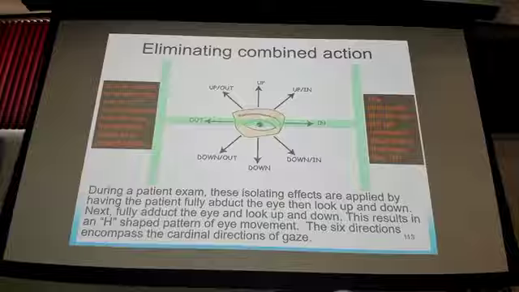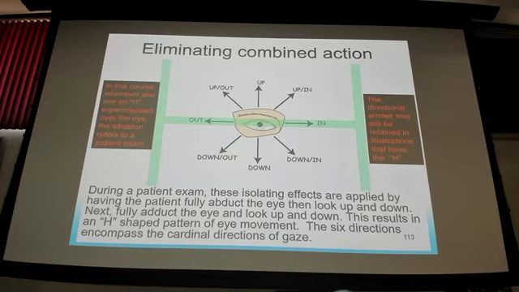If you look at the eye, I can put an H over it, and the H is the exam. If you didn't know, there's a certain way we do the exam. I'm going to show you in a minute. It's an H pattern. And when that H is there, that means these are the cardinal directions of eye gaze during an eye exam. Another way they can do this is show you a picture of an eye.